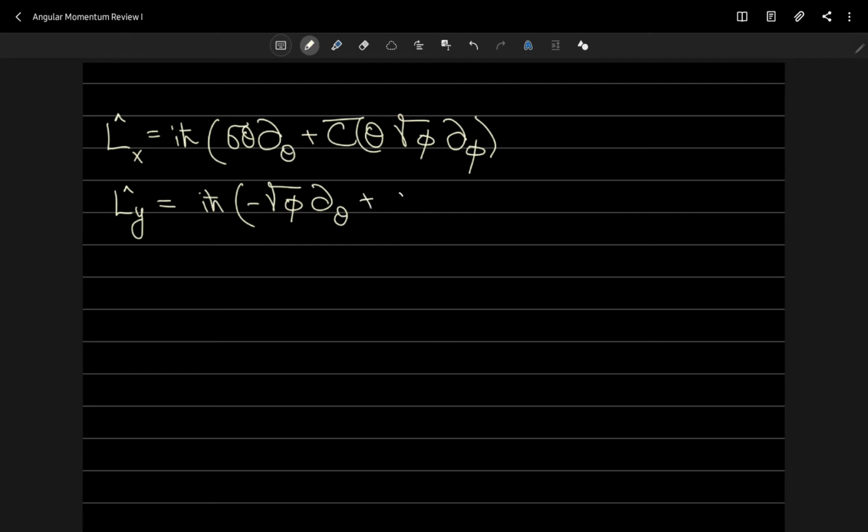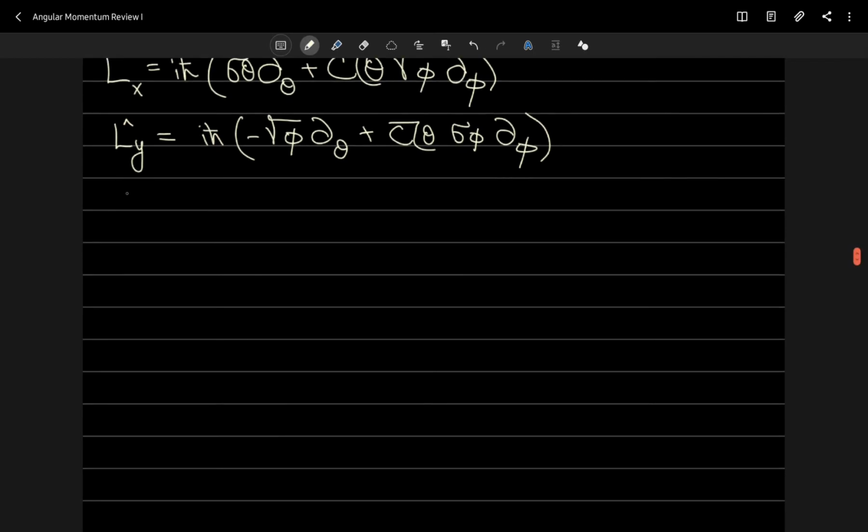Plus cotangent of theta times sine of phi times partial derivative with respect to phi. And finally we have the Lz component, which is very easy. That's just negative iota h bar times partial derivative with respect to phi, right?